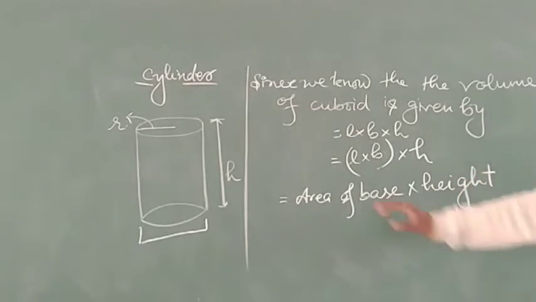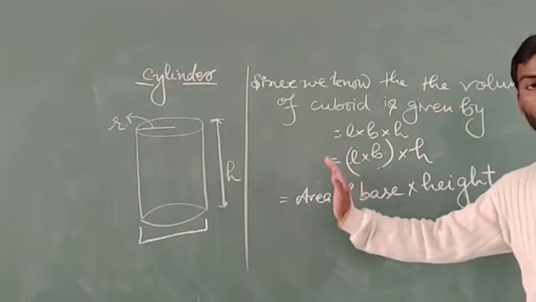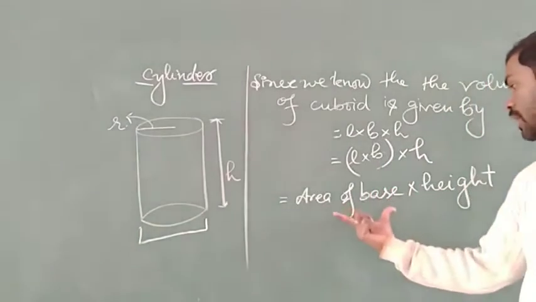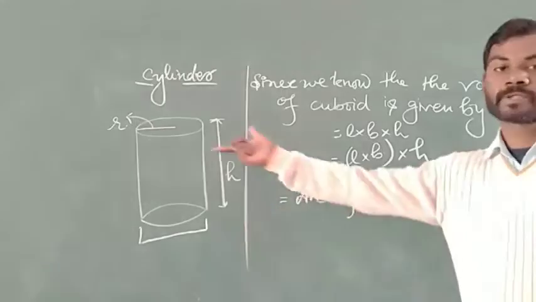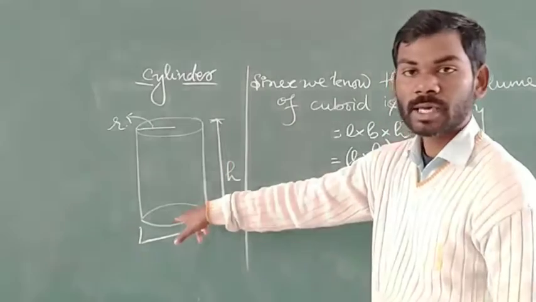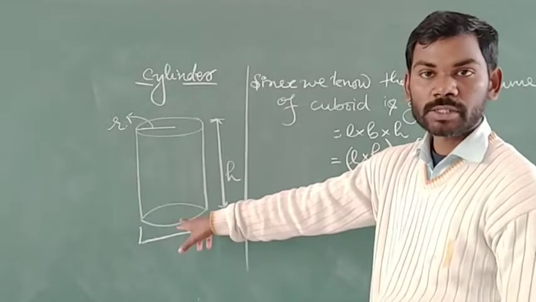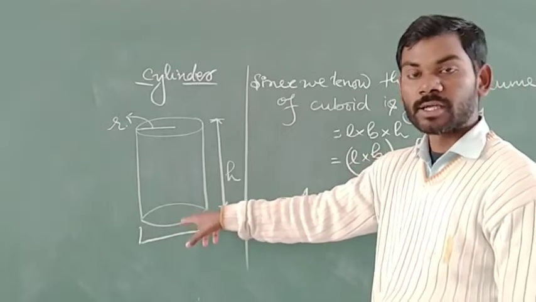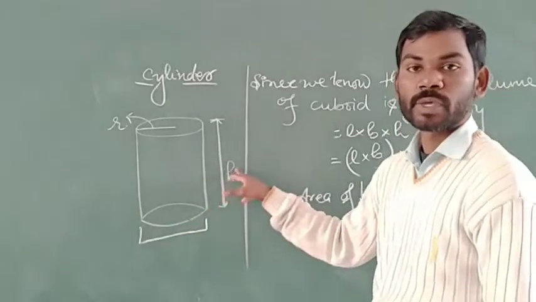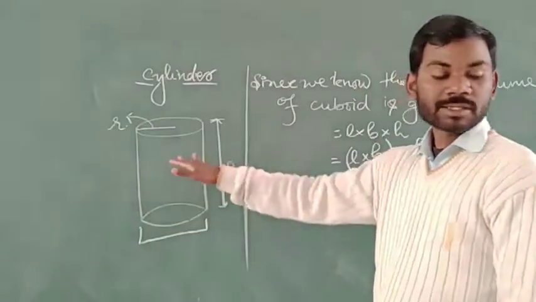Okay, this is all about the cuboid. Now what is the area of the base of a cylinder? The area of the base of a cylinder is pi r square, because it is a circle, and when we multiply pi r square with the height, we get the volume of the cylinder.